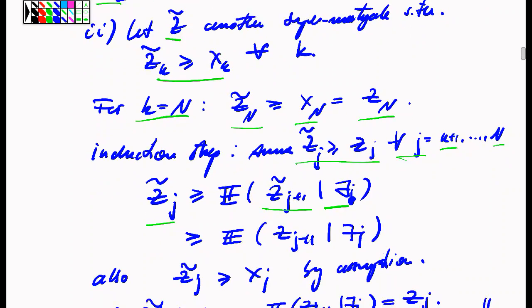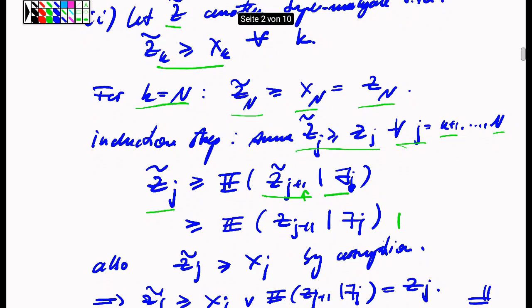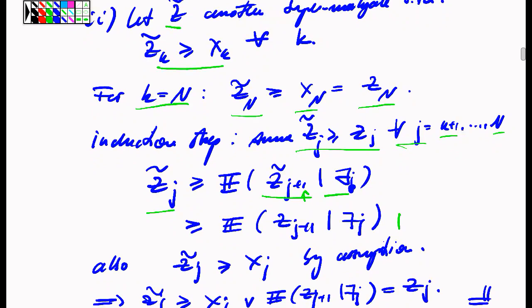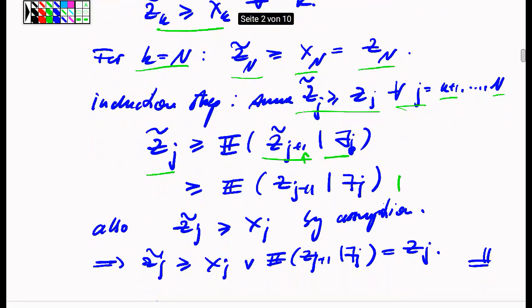That's the supermartingale property of Z tilde, which was part of our assumption. Now, for moment j plus 1, we already, by induction hypothesis, have proved that Z tilde j plus 1 is greater or equal to Z at j plus 1, and by monotonicity of conditional expectation, this also carries over to the conditional expectation. So therefore, Z tilde j is also greater or equal than the conditional expectation of Zj plus 1 given Fj.